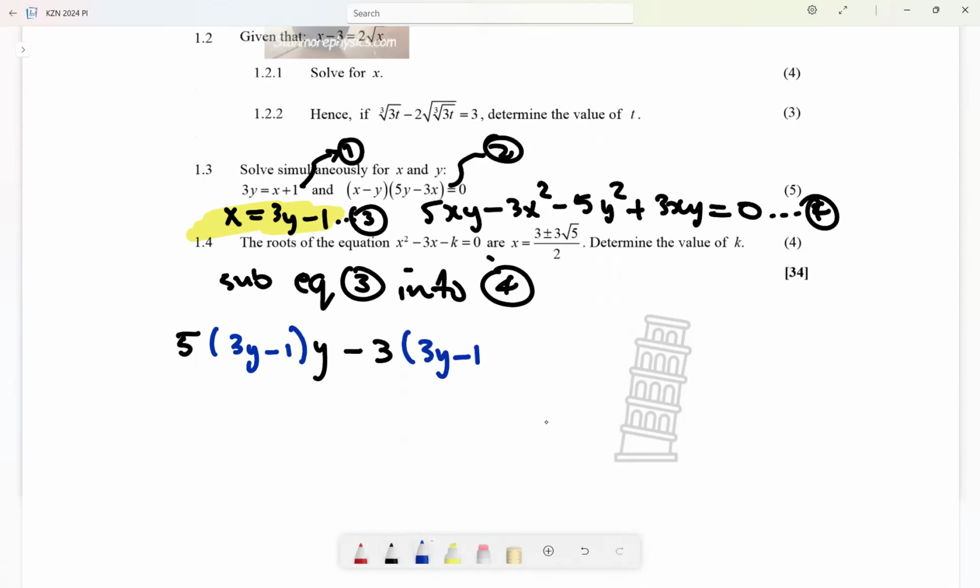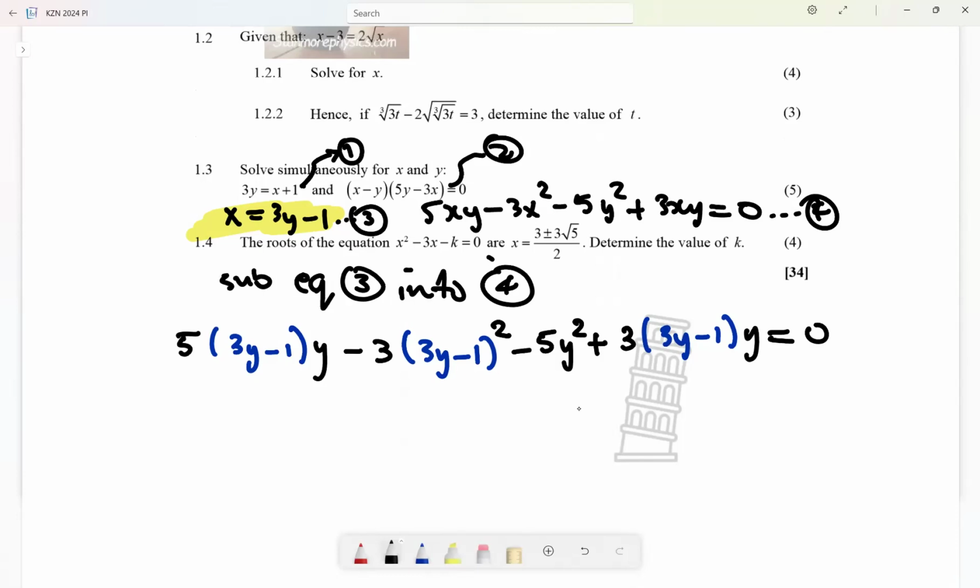As 3y minus 1. But remember, I have to square that. So that square is still there. Minus 5y squared plus 3, I still see x. When I see x, I substitute by 3y minus 1, and I still have to multiply by that y. It is equal to 0.